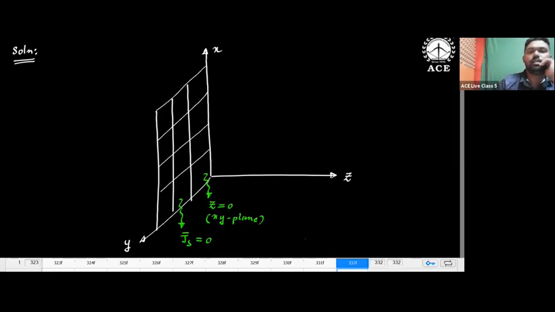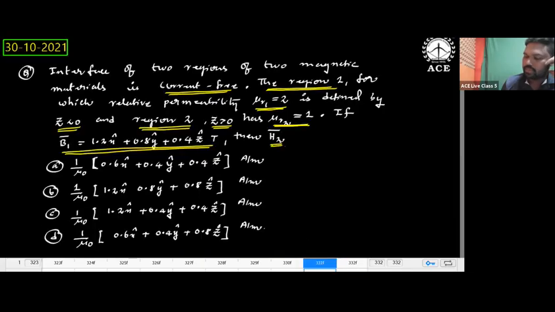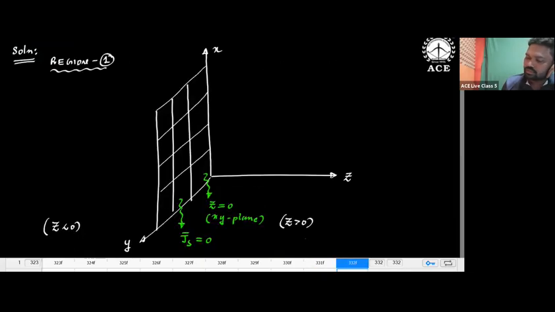Clear? Fine. Here it is z greater than 0. Here z less than 0. For z less than 0, it is region 1, with a medium parameter mu r1 is equal to 2.